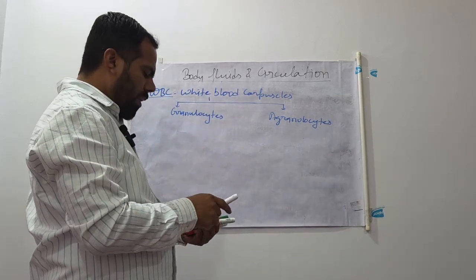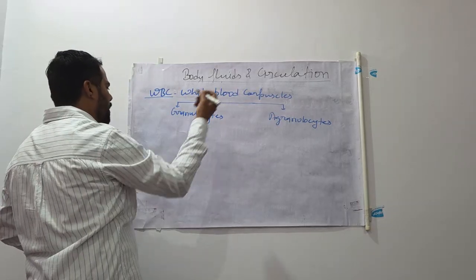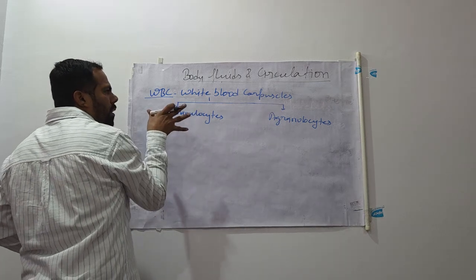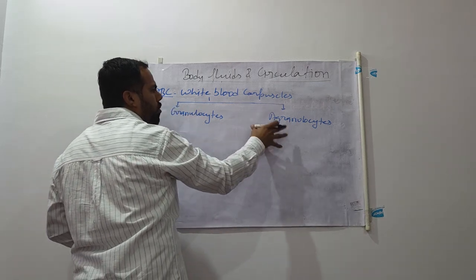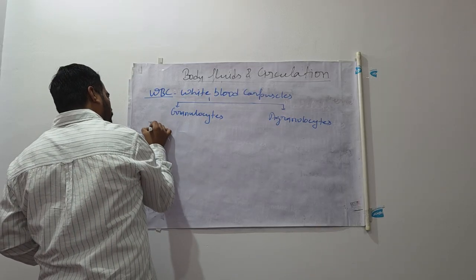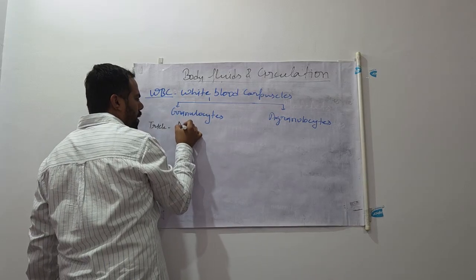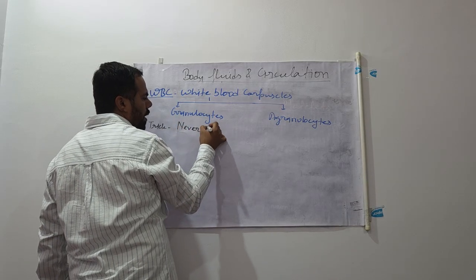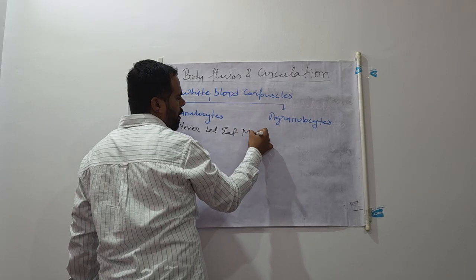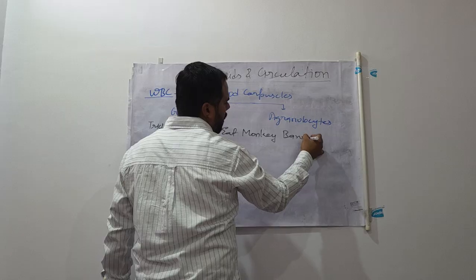I am making a table to write down all this about granulocytes and agranulocytes. And to learn about granulocytes and agranulocytes, I am writing a trick, that is, a mnemonic. And the mnemonic is: Never Let Eat Monkey Banana. मंकी को बनाना खाने नहीं देना है.